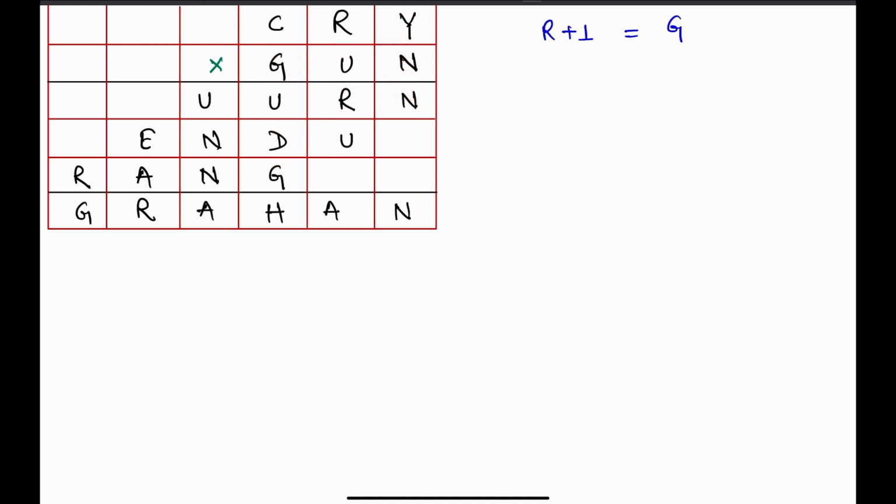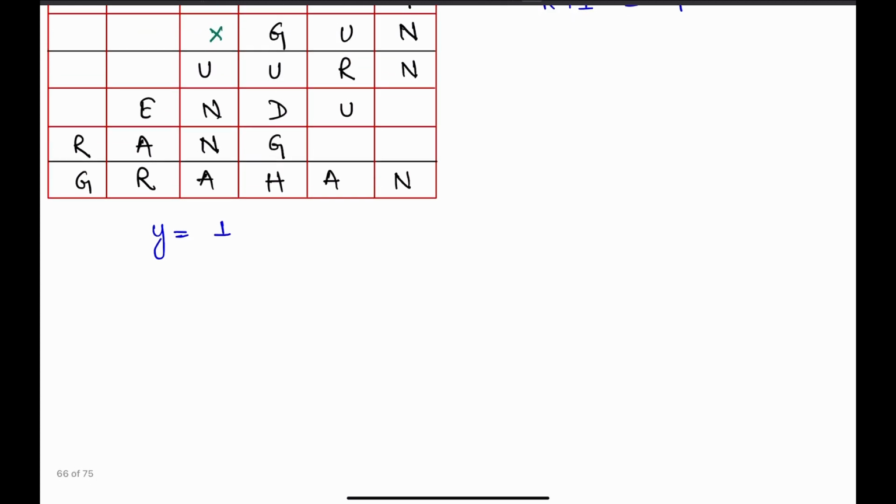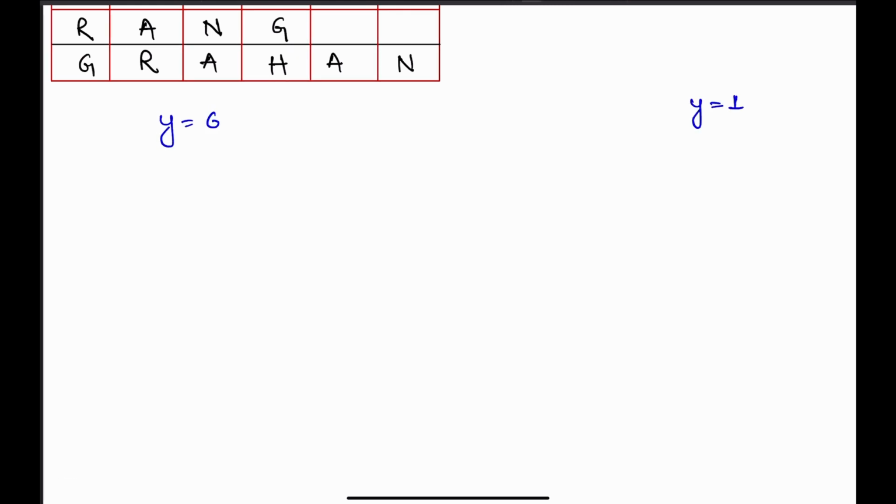So there are two possible values of Y. Y could be either 1. If Y is 1, then my other values could be anything. And the second possibility is Y could be 6. Let's bring 6 to this side. Y equal to 6 is a possible value, Y equal to 1 is a possible value.